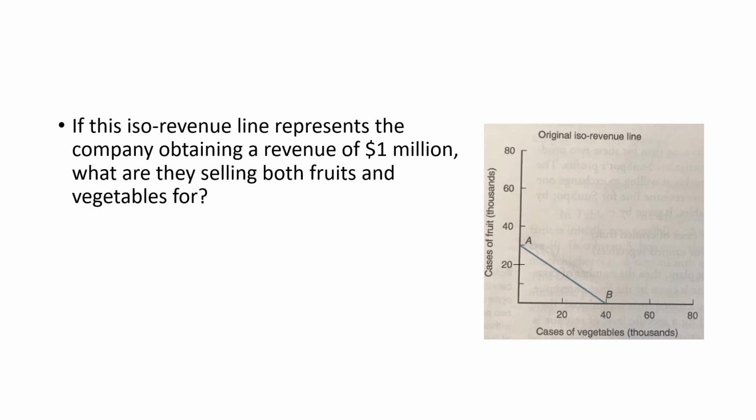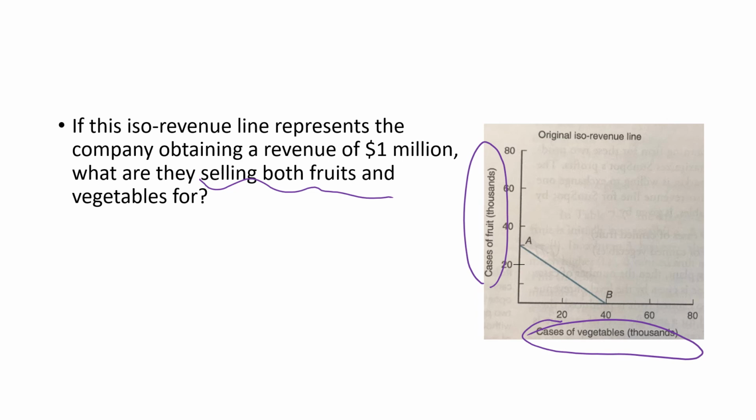If the ISO revenue line represents a company obtaining a revenue of $1 million, what are they selling cases of fruit and cases of vegetables for? So again, the cases of fruit here are in thousands, and the cases of vegetables are in thousands, which we didn't recognize before.